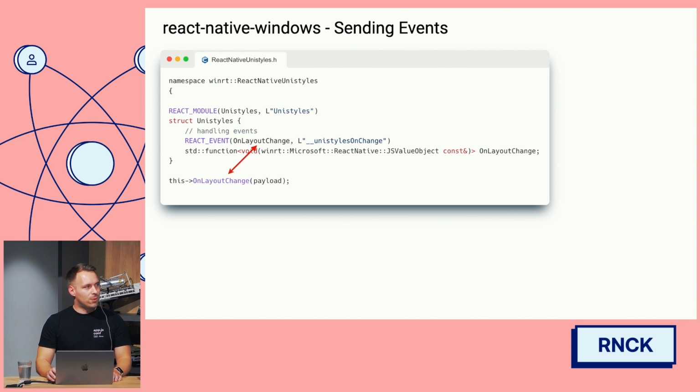Now, you need to declare your function with an additional macro, React event. The first argument is the name of the function, and the second argument is the event that will be called in the JavaScript. And right now, you can call it however you want, from whatever you want in the C++.